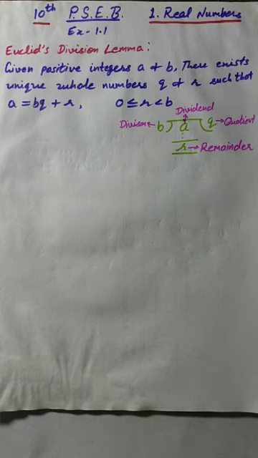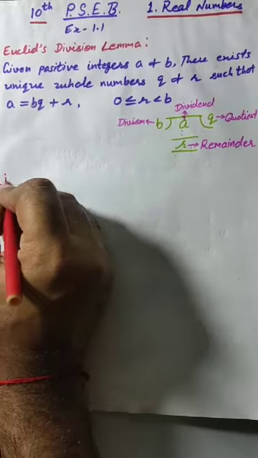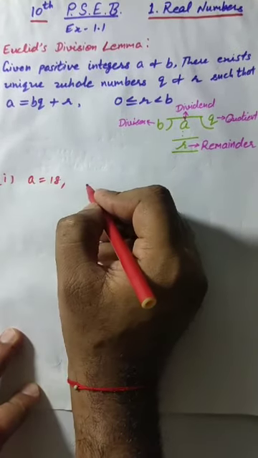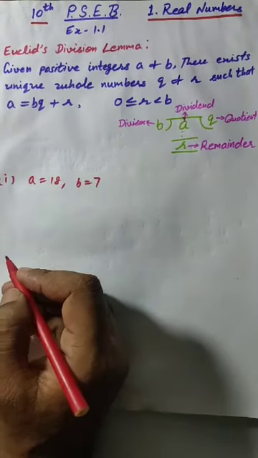Before we go to the definition of Euclid's lemma, let us do some practical examples. We are going to divide some positive integers with some other positive integers. Let us take the first example where a is 18 and b equals 7.